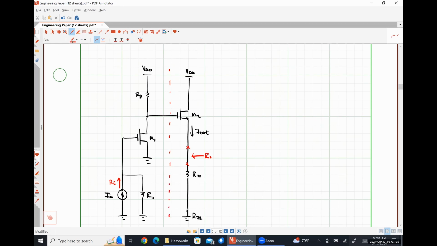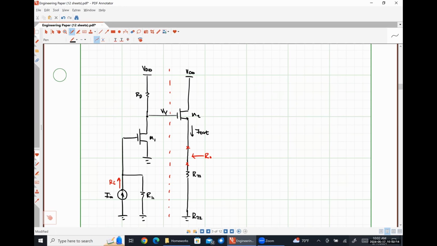So the output of our common source stage is the input of our source follower stage.